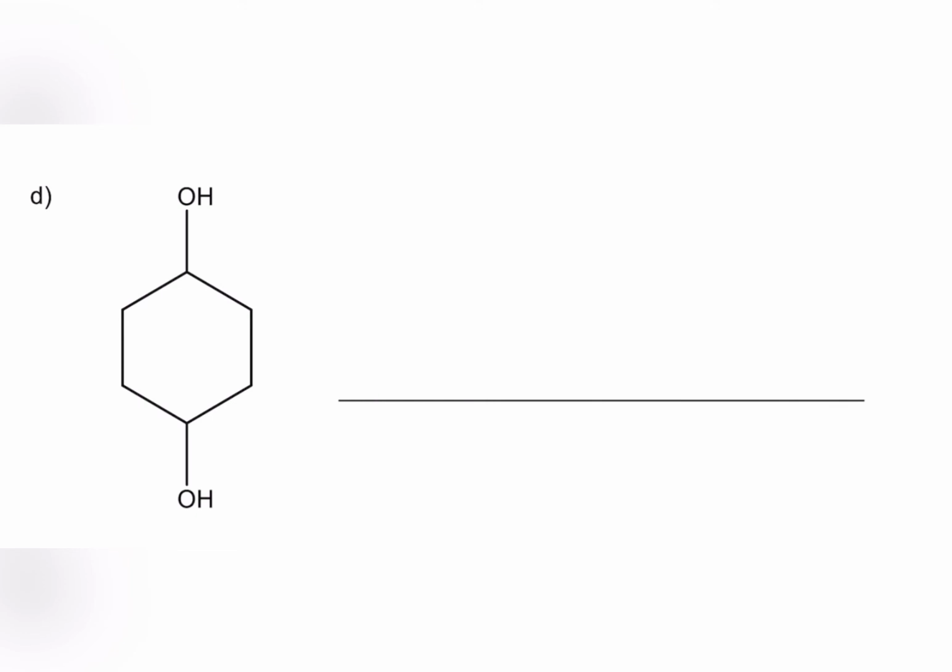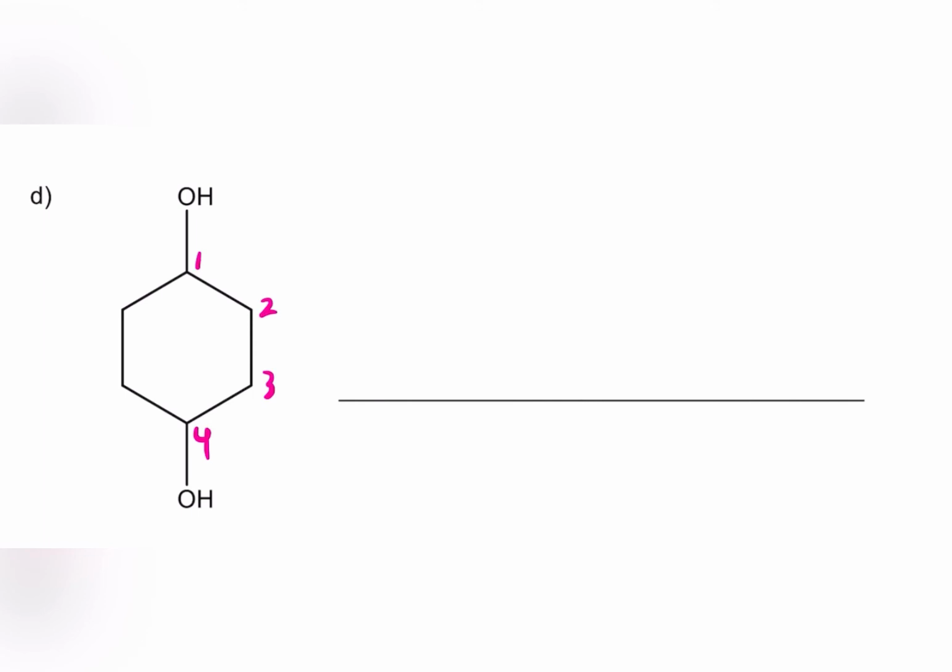Next one, we go to structure D, where I've got my structure of 6 carbon chains attached to 2 OH groups at different positions. So this is going to be the first carbon, second, third, and fourth. So how am I going to give the naming for this part? Please remember, we have to make the name for the alkane stay as it is, but you have to add diol or triol at the end of the naming.